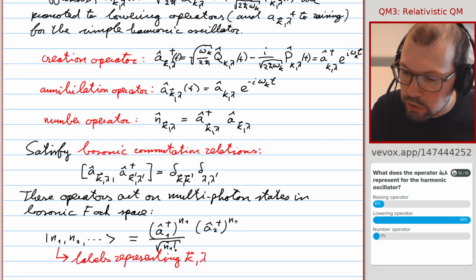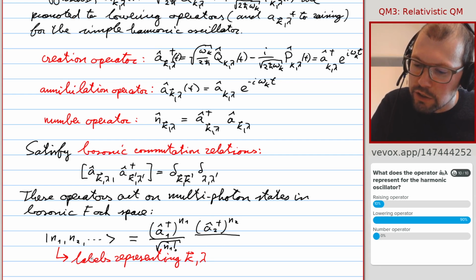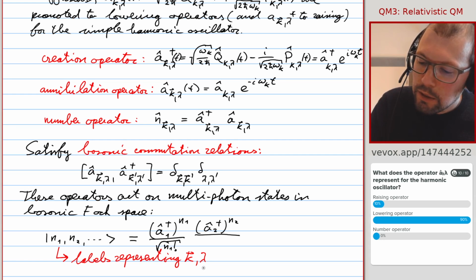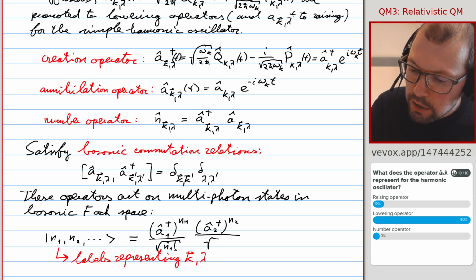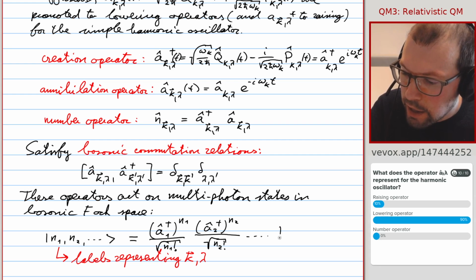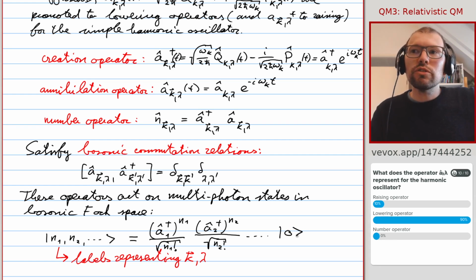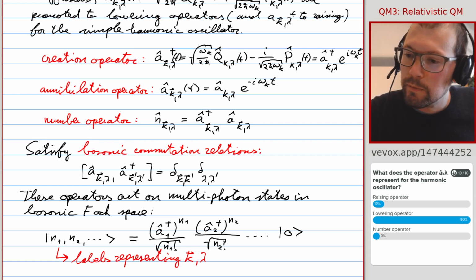So we have to produce a particle in each of these wave vectors and polarizations a number of times corresponding to the state, acting on the vacuum, the state in which there are no photons.